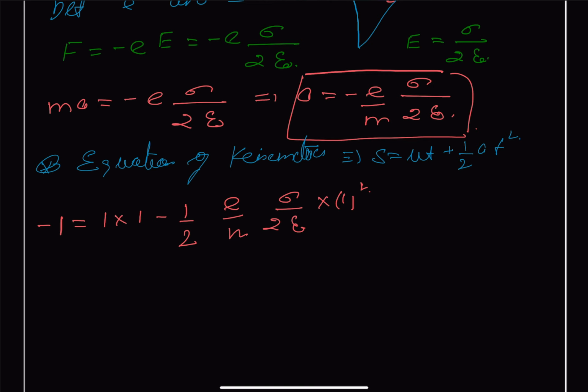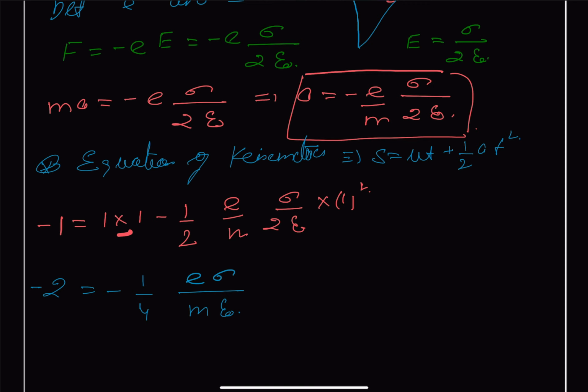So we get from here, 1 plus 1 becomes 2, so therefore we can write this 2 is equal to, minus 2 rather, this will be minus 1 by 4, E sigma upon m epsilon naught.